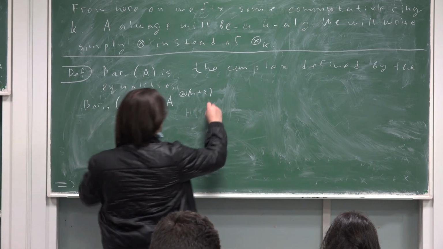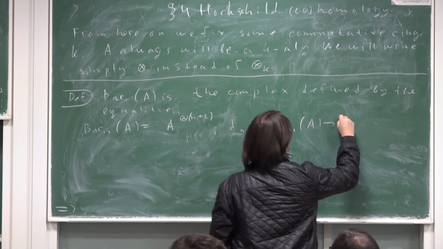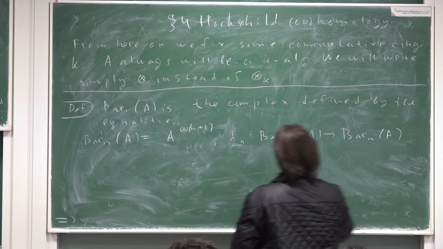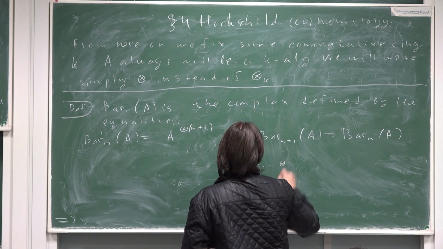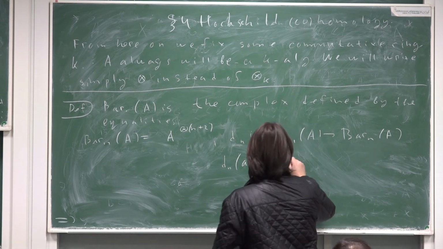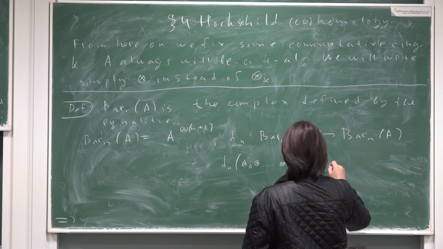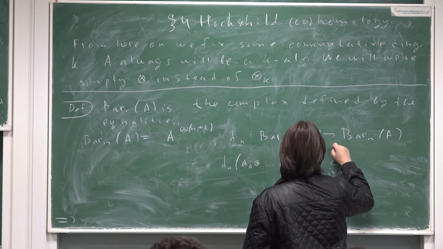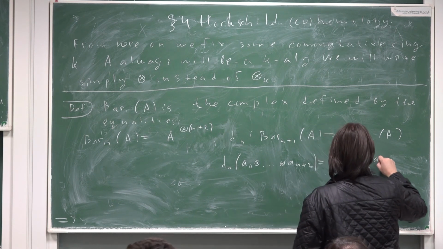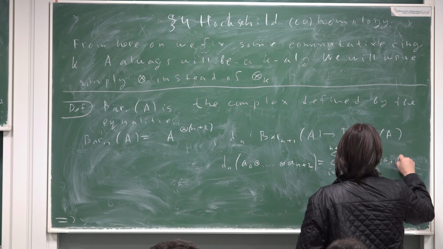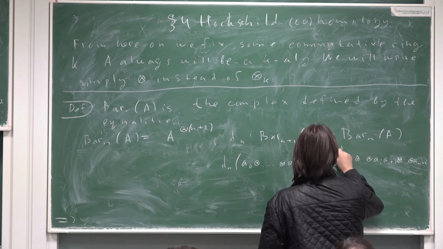And dn from bar n plus 1 of A to bar n of A is defined by the equality dn of a0 tensor through a n plus 2 is equal to the sum for i from 0 to n plus 1 of a0 tensor through a i a i plus 1 tensor through a n plus 2, multiplied by minus 1 to the ith power.